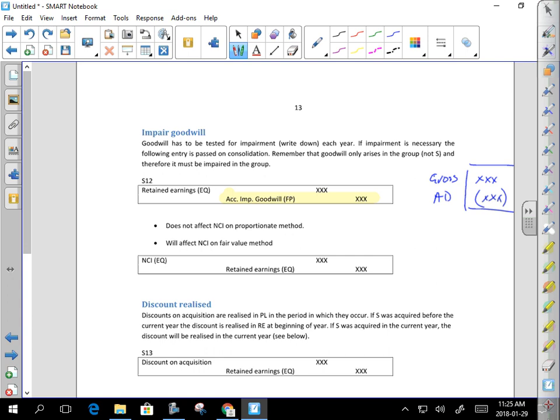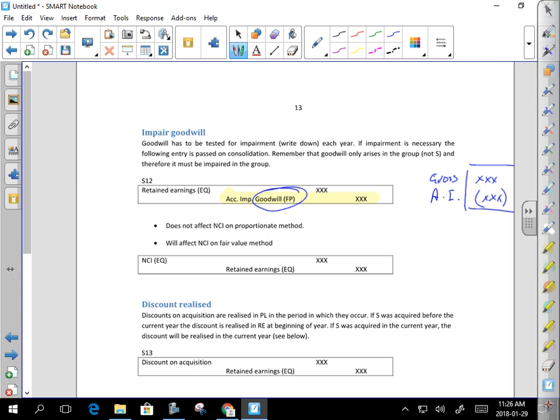So what I'm asking you to do over here is goodwill, just like PP&E, it's an asset and it's disclosed at cost or at its gross amount less accumulated impairment. All right. So strictly speaking, you can be penalized if you call that goodwill. Okay. Because the account is accumulated impairment.